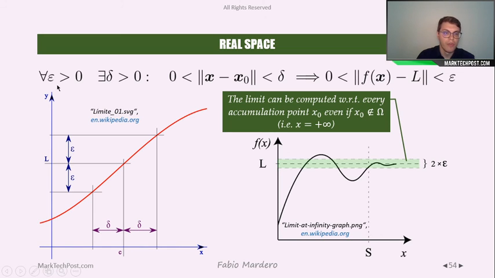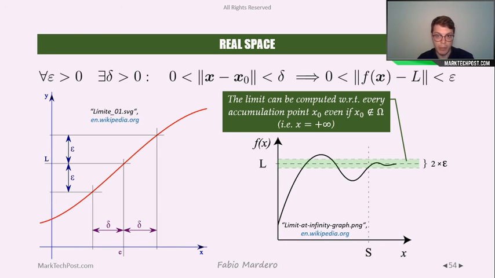It means that for all epsilon we choose, we can always find a delta such that every point x inside this range will have its image, for example this point here, at a distance from L, our limit, less than epsilon. In fact, here we have it. So that's x, we move, and the image lies inside the open ball centered in L and with radius epsilon.